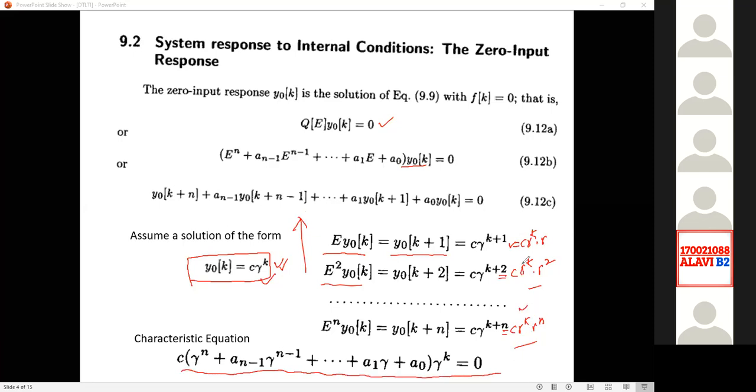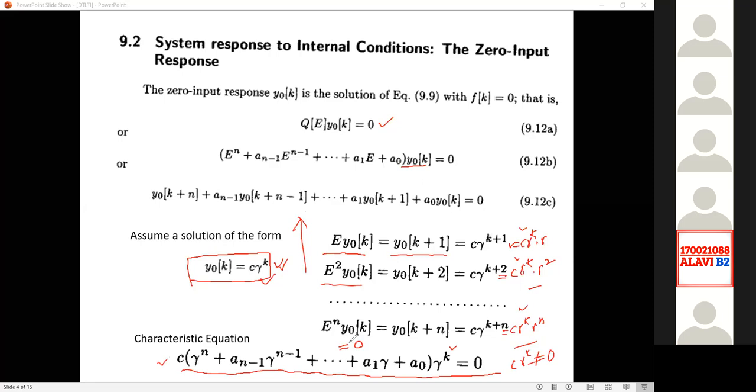You see that gamma power k is there in all of your parts, so you can take it as a common factor. C gamma power k cannot be equal to 0, isn't it? Yes, sir. If it cannot be equal to 0, then this polynomial of gamma would be equal to 0.